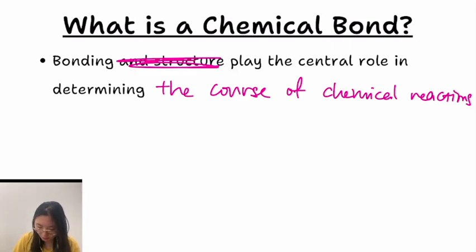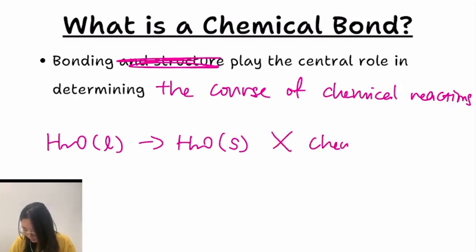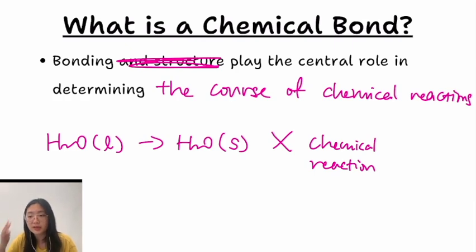Let's say water goes from liquid phase to solid phase. It freezes at 0 Celsius degrees. Then H2O in liquid converts into H2O in solid. This is not a chemical reaction, because there is no breaking up of bonds or formation of new bonds.